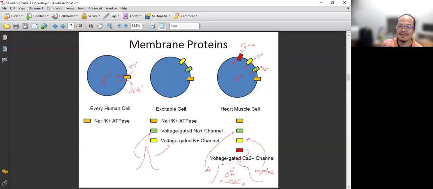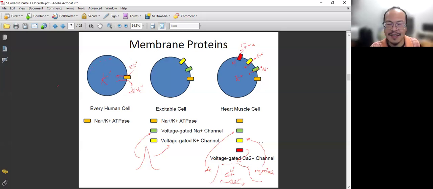It's just an upgrade from the normal muscle cells. Skeletal muscle has excitable cells, but with the heart muscle, you need one more membrane protein, the voltage-gated calcium channel.